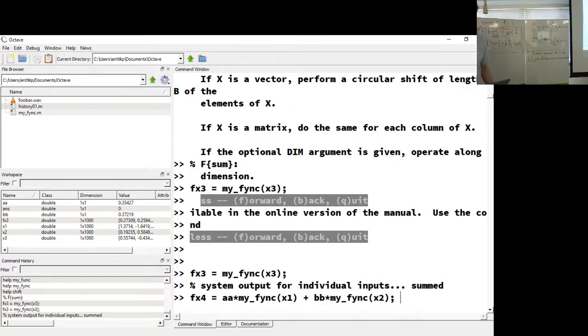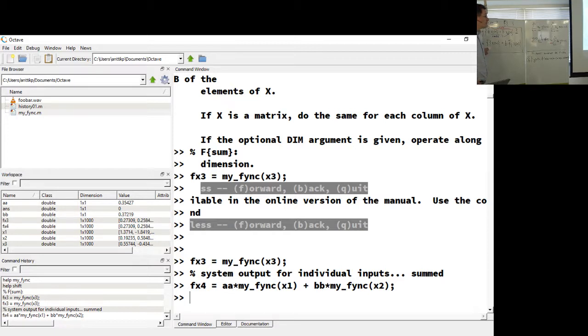I'm calculating this one, fx4. The question now is, is fx3 the same as fx4? If they are the same, then basically the system is linear. If not, then it's not linear.